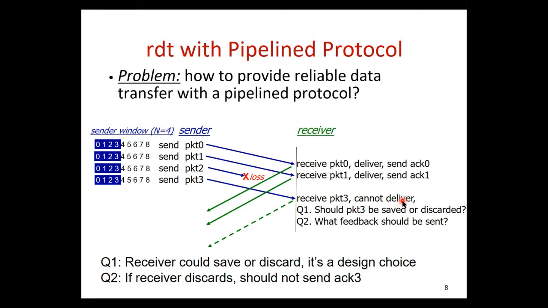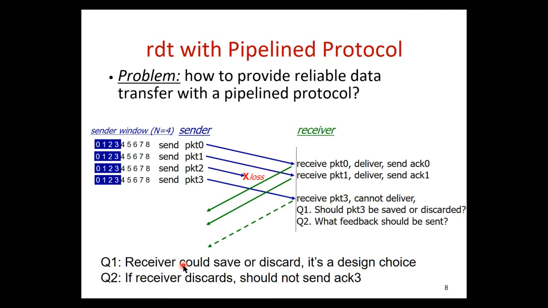So should it save packet 3 for later delivery or should it discard it? That's the first question. And then the second question is, in that case, what feedback should be sent? So these are the answers.